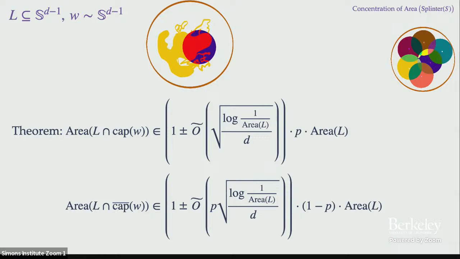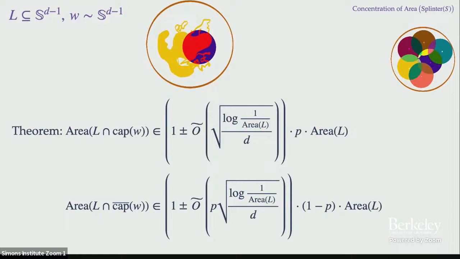The theorem says that, given arbitrary L and a randomly sampled W, the area is concentrated well around P, with an error of plus or minus, let's say, the square root of 1 over D. Let's not worry too much about this, just some polylog factor. And we also have a similar result when L is intersected with an anti-cap, the complement of a cap, which concentrates even better, essentially.